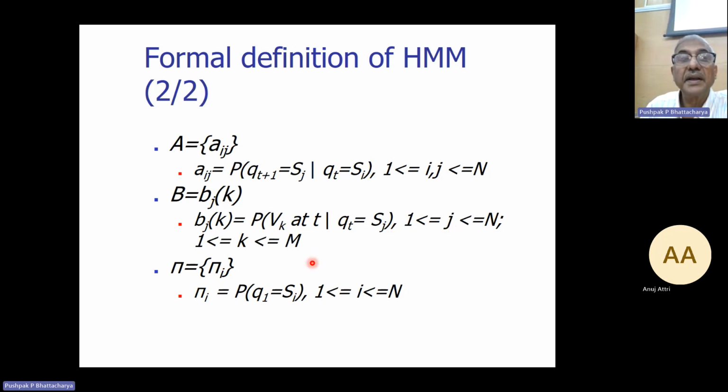J goes from 1 to N, K goes from 1 to M. So the probability of observing symbol K given the state Sj, okay, given state number J. And pi I, the probability of Q1 equal to Si, going from 1 to N. So state transition, observation probability, and initial probability distribution.